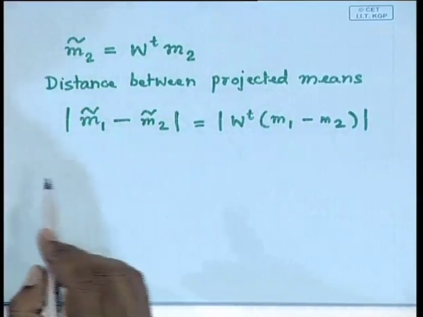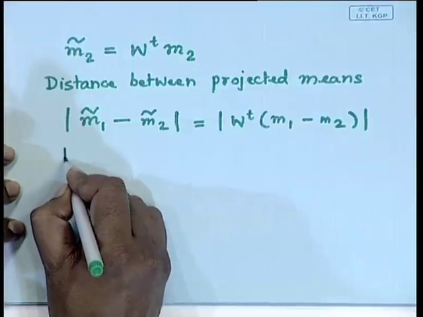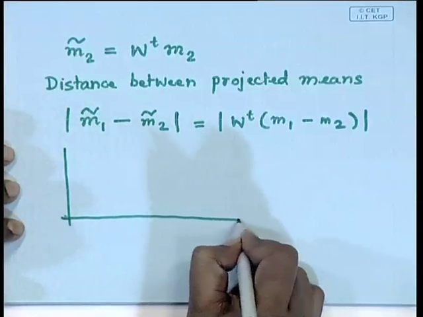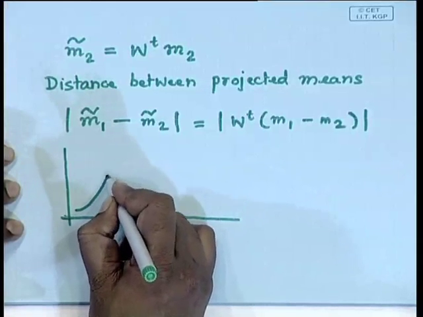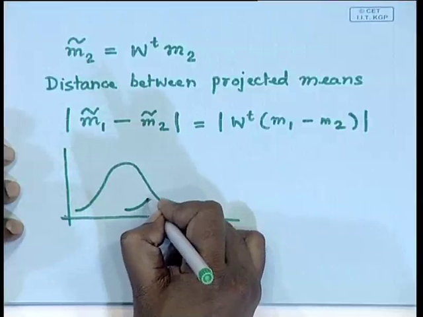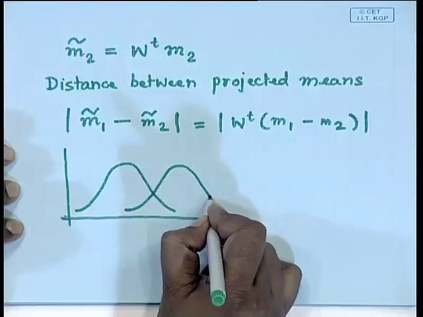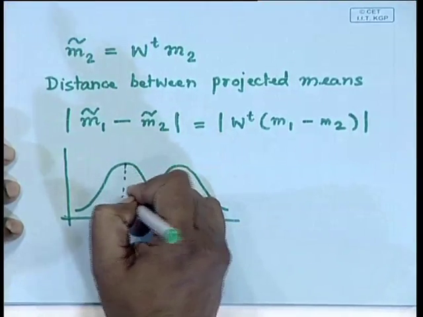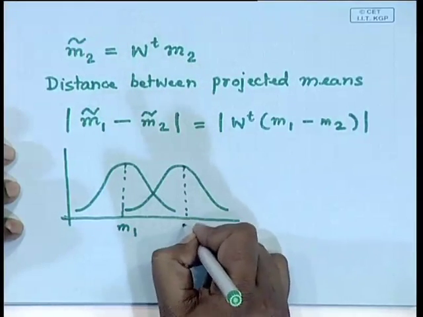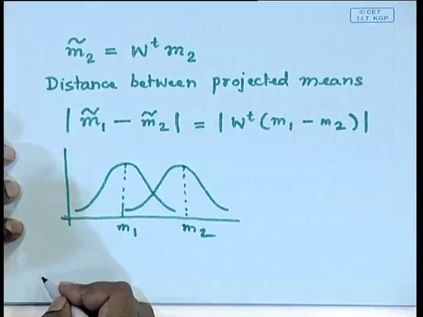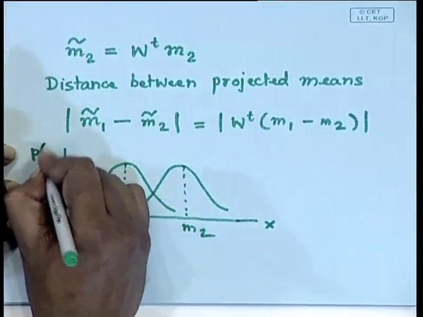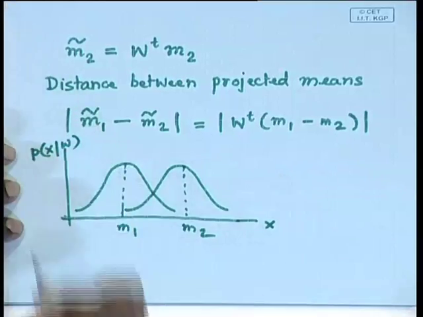The reason is very simple. Suppose I have two distributions like this. This is M_1, this is M_2. This is my x, and this is, say, p(x given omega).